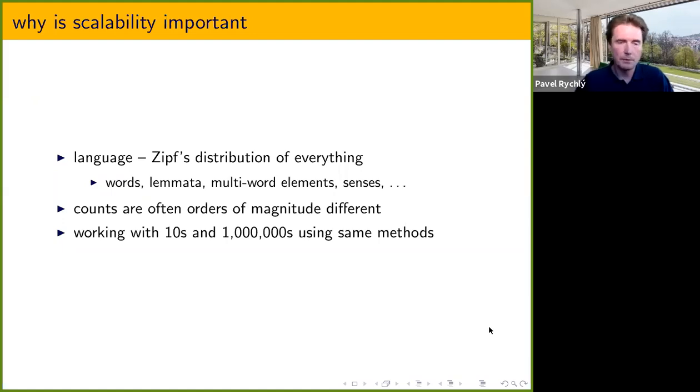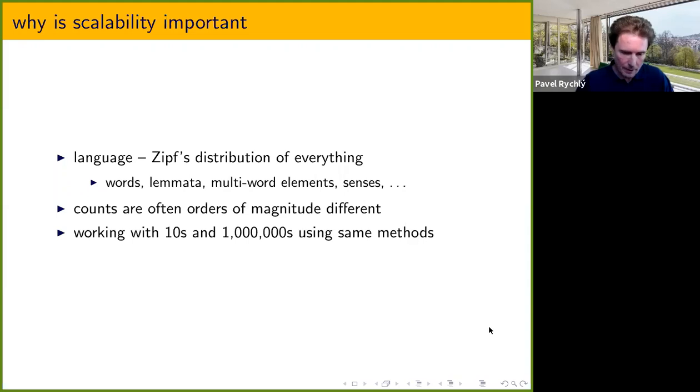It works for words, lemmata, multi-word elements, senses, and so on. And the Zipfian distribution means that we have very different counts or sizes of some elements.